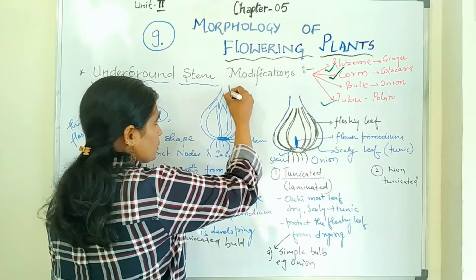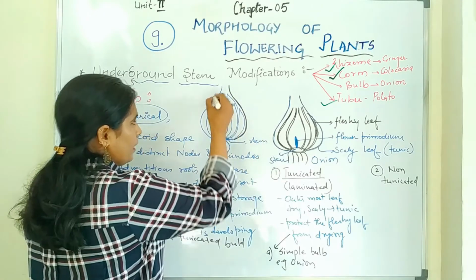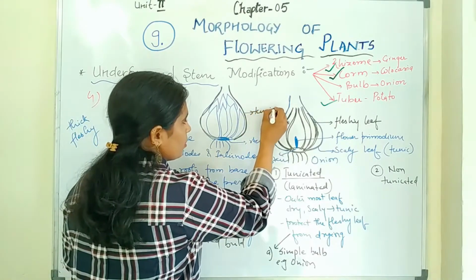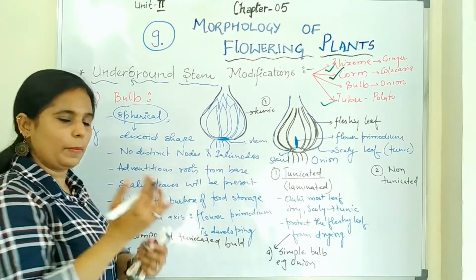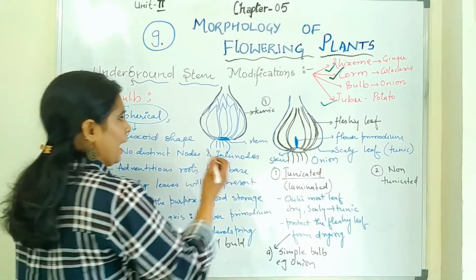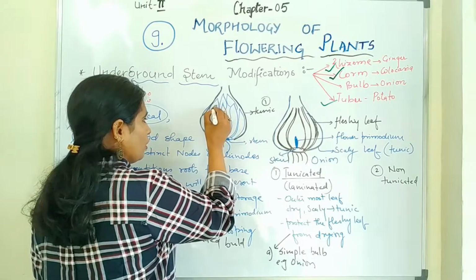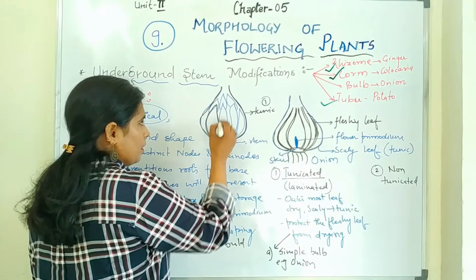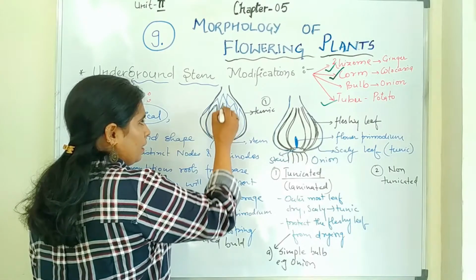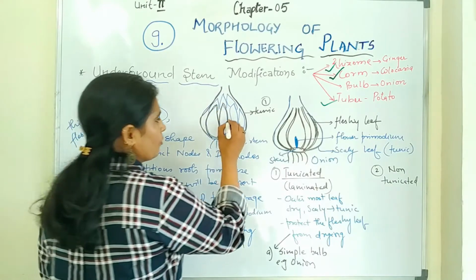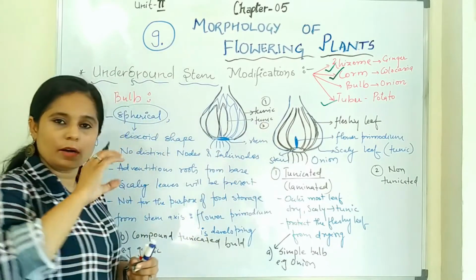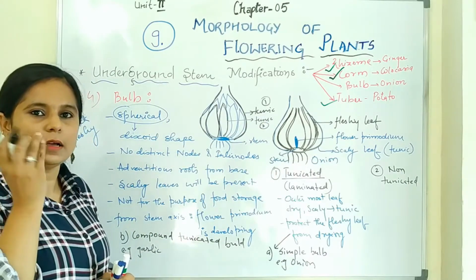This outermost layer is a tunic which is covering the whole bulb, the whole garlic, and then you will find that on each bud you will see again a layer of tunic which is covering a single clove.